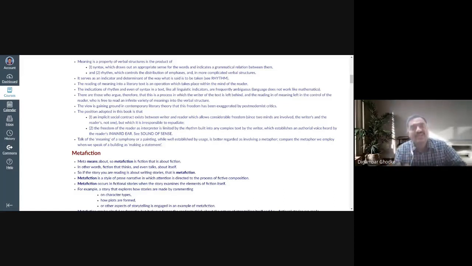It has a structure. So this is how you can understand meaning in the context of syntax and rhythm. There are certain aspects which control the meaning of the text. The meaning is not free from the author's control as well, but at the same time, the reader takes liberty to come up with interpretations as per his background. So this is what we can talk about meaning.